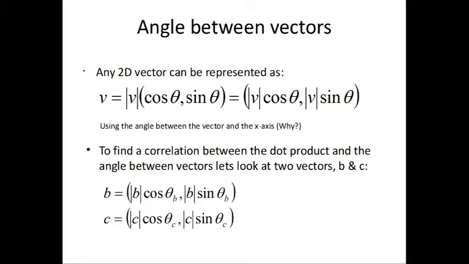So what we start by doing is simply saying, rather than representing a vector as just its coordinates, we're instead going to represent the vector as its angle from the x-axis and its length. So we're going to take its length multiplied with the cosine and sine of its angle from the x-axis.